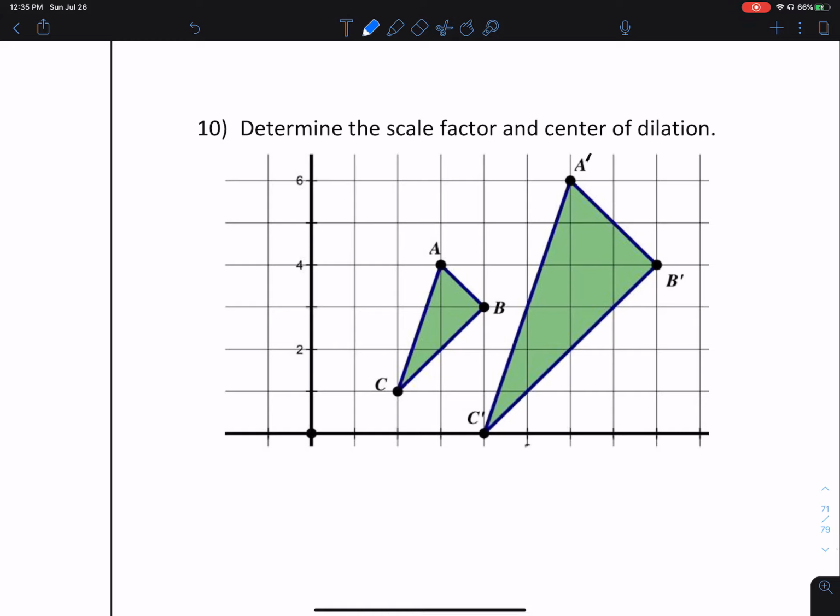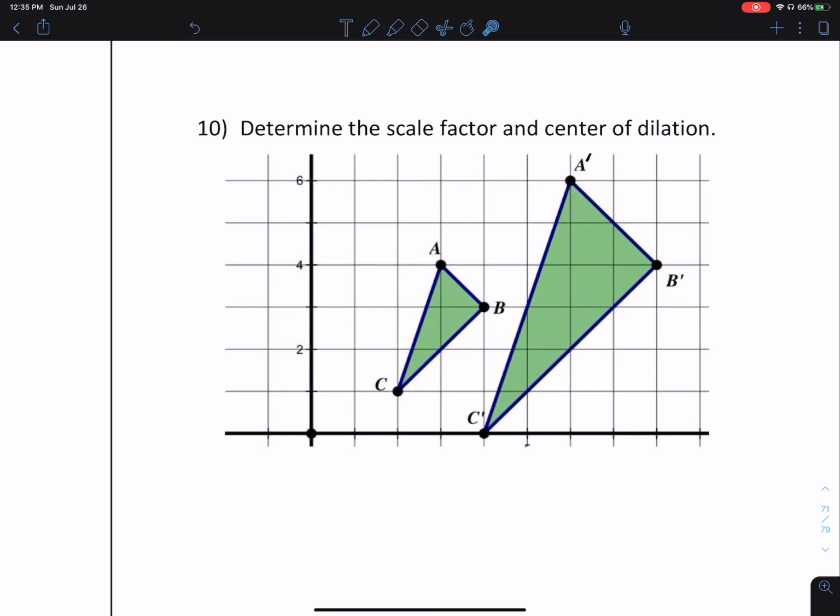Determine the scale factor and the center of dilation. Now we could do this the hard way. The hard way is use the distance formula, find the length of BC, then use the distance formula, find the length of B prime C prime. It's completely logical. Go for it. Takes a lot of time. No one wants to do that. Let's find the center of dilation first.